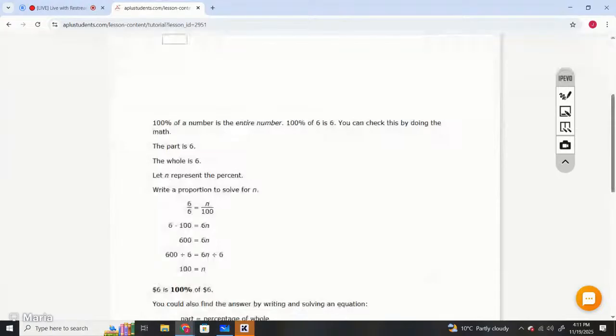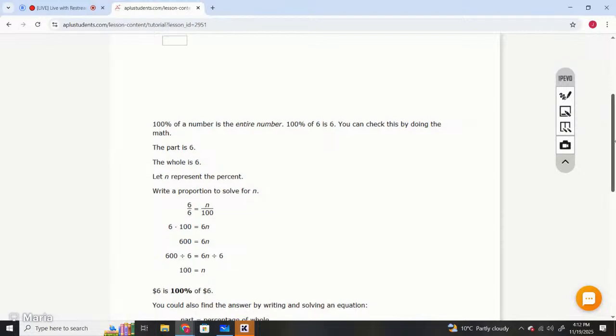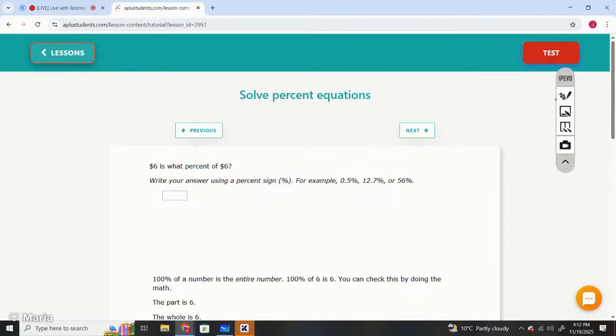So $6 is 100% of $6, right? 100% of the number is the entire number. Let's just start with the test questions.